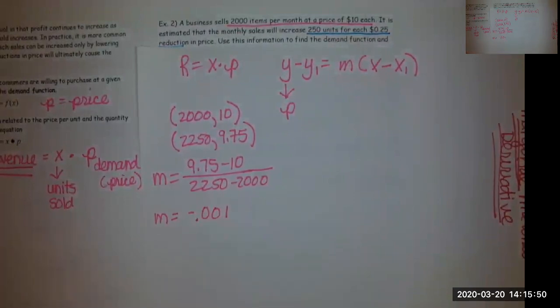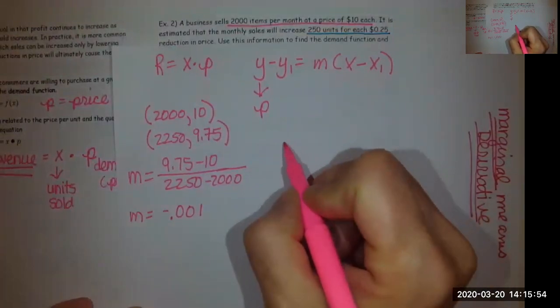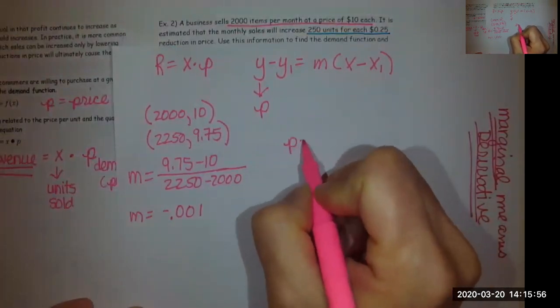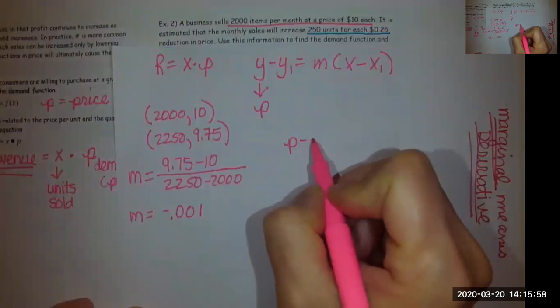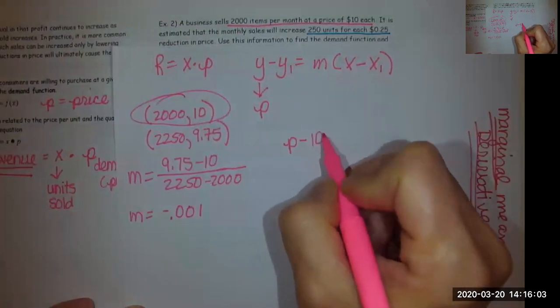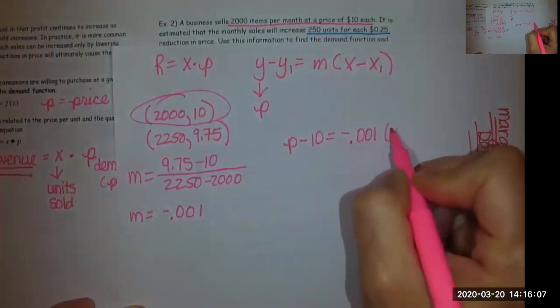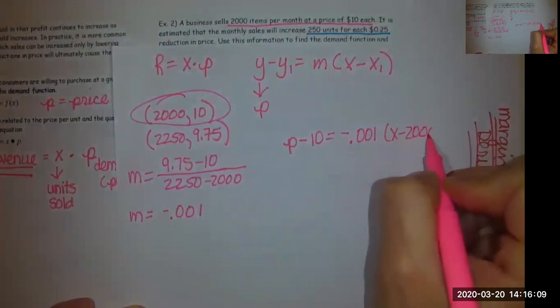So there's my slope. So now what I'm going to do is I'm going to say p minus, right? And I'm going to use this one, so I'm circling it. p minus 10 equals negative 0.001 times x minus 2,000.